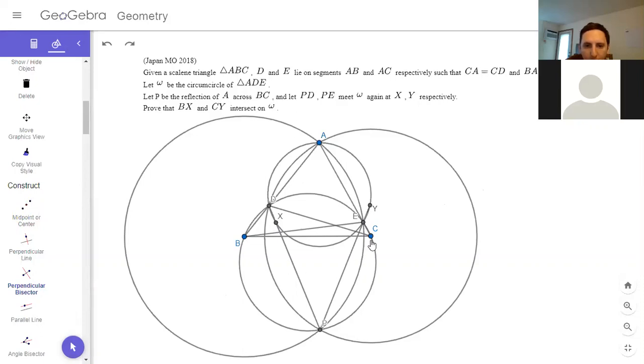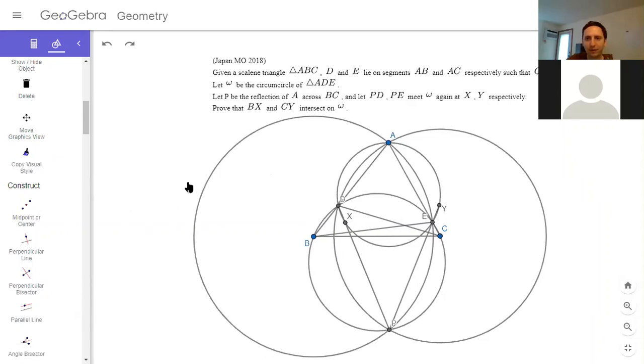Well, this angle ABC is equal to angle PBC. So then that solves it. Okay. So I think we have enough to finish this. So I am going to start writing it up.